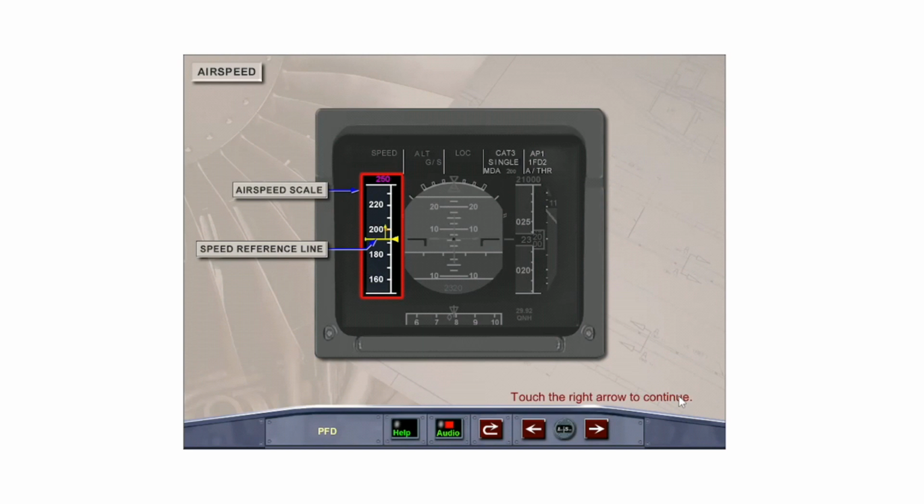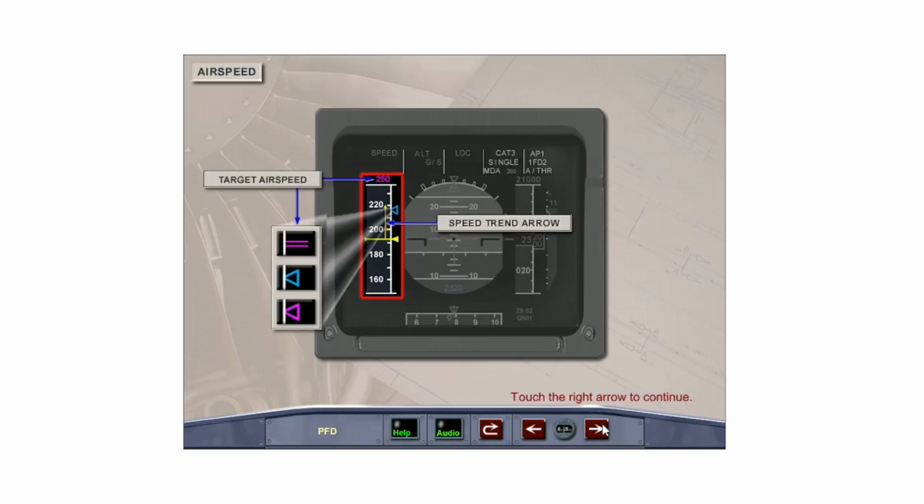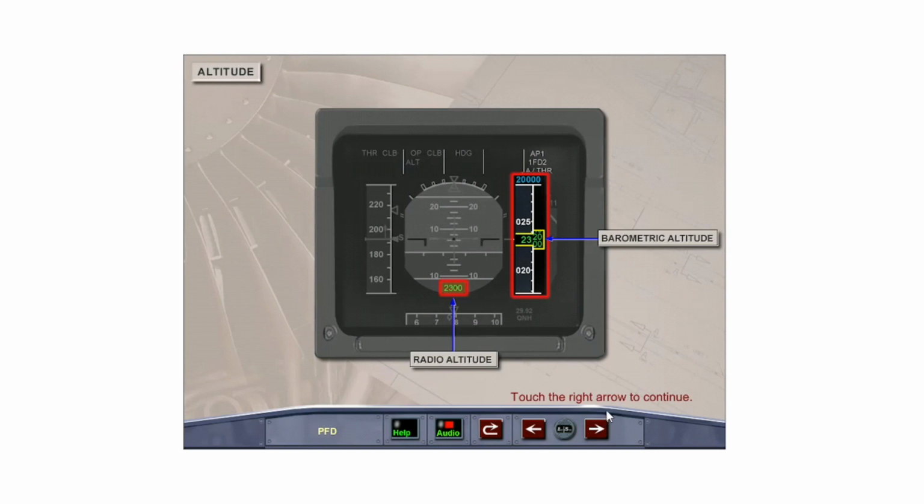The airspeed scale is white on a gray background and moves behind a fixed yellow reference line and yellow triangular pointer. The minimum airspeed indication is 30 knots. The altitude indication is presented as a white moving scale on a gray background with the actual altitude in green inside a yellow window.